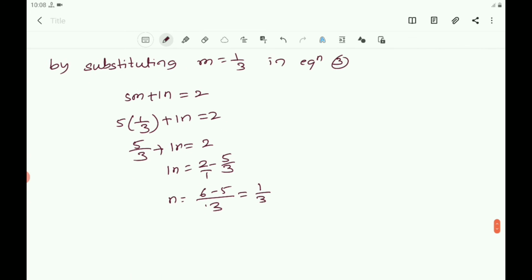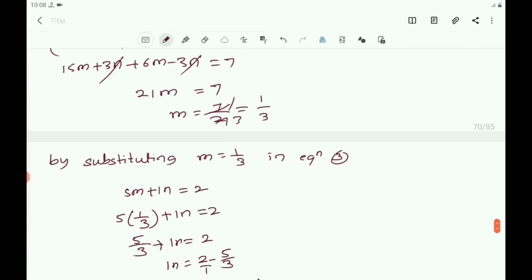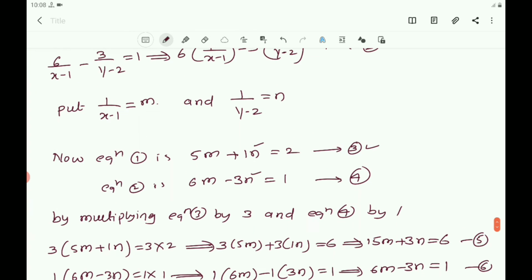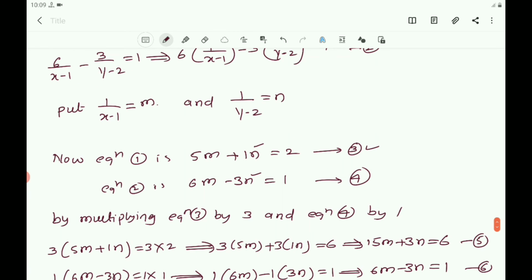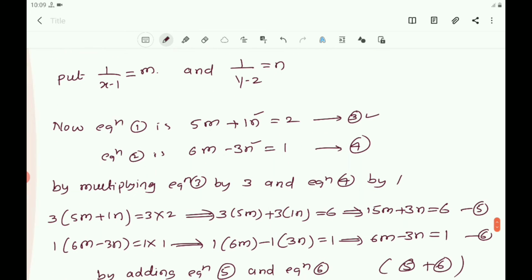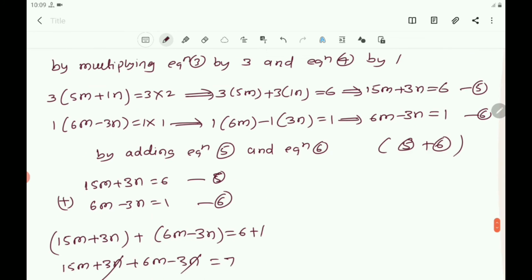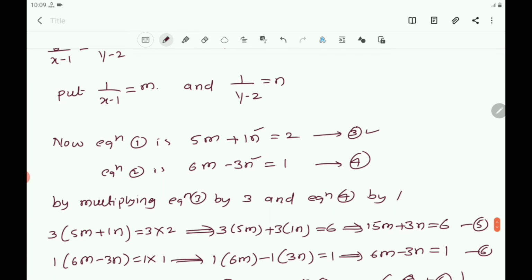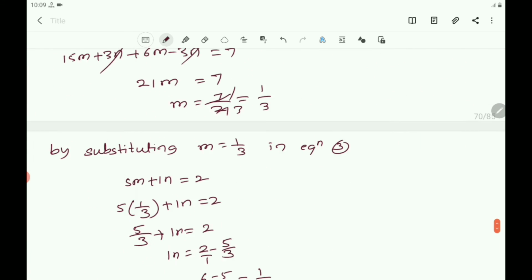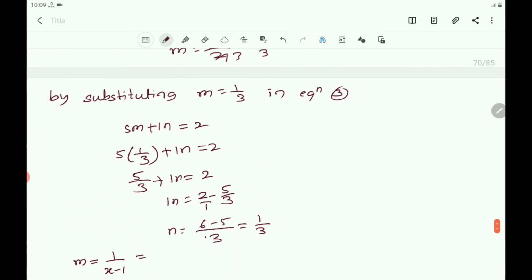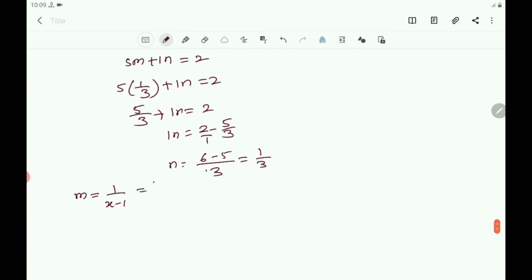Then here you take, we have taken m is equal to 1 by x minus 1, n is equal to 1 by y minus 2. So you take 1 by x minus 1 is equal to m, and m is 1 by 3.